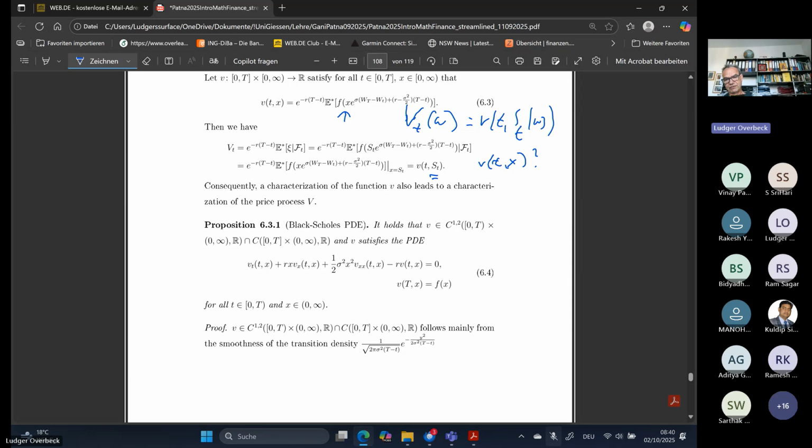This connection between diffusion and partial differential equations is a general concept, which appears also in physics and other applications where you apply PDEs and stochastic differential equations.